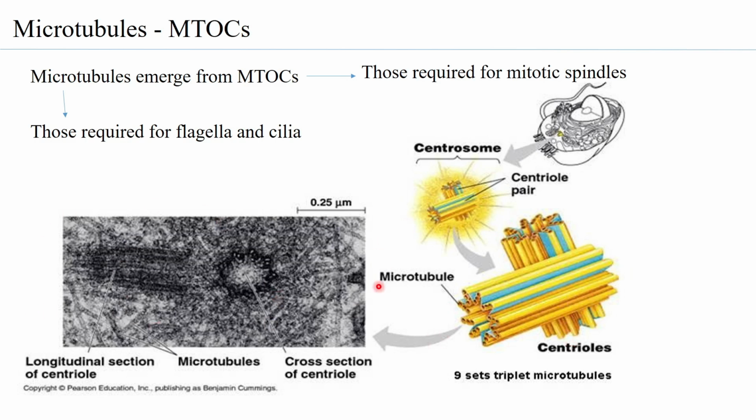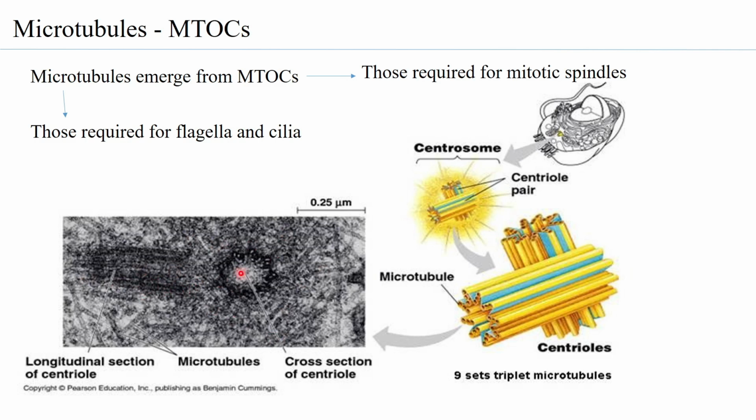And what you see is a pair of centrioles, and these centrioles are always arranged perpendicular to each other. As you can look at this electron microscope image, you have one centriole present in this way and the other one in this direction. What you see here is the cross section, and this is the longitudinal section of one of the centrioles.